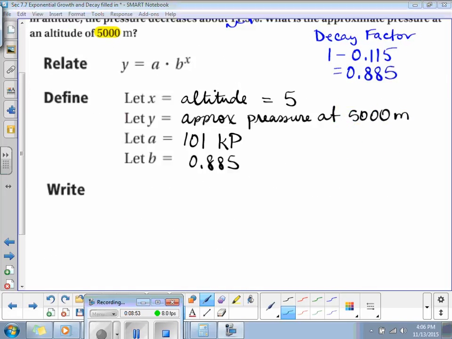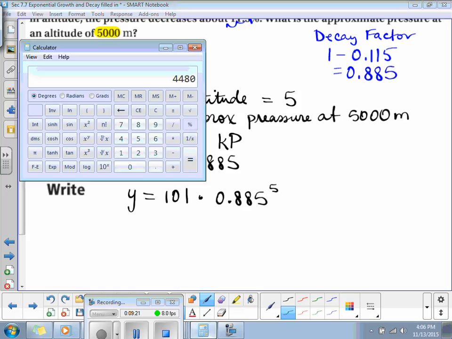So now we can substitute in all of our values into our function. So we've got y is equal to the A, which is 101, times B, which is 0.885, all raised to the x, which is the altitude of 5. So we've got 0.885 raised to the 5th power, and we're going to say that is 0.54.